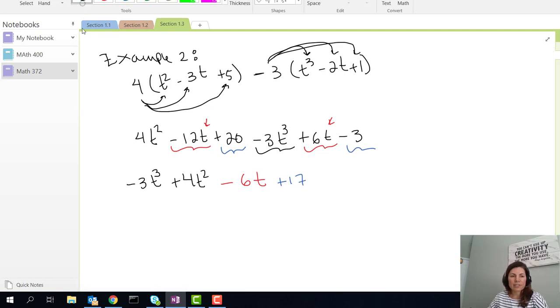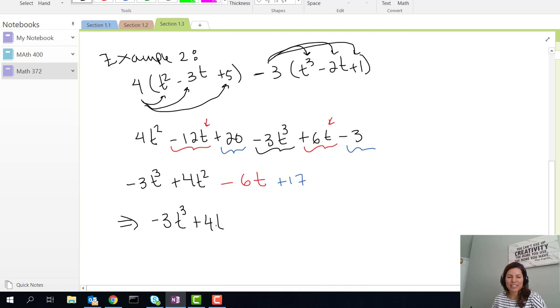So my final answer in proper descending order will be minus 3t cubed, my handwriting didn't look the best there. Minus 3t cubed plus 4t squared minus 6t plus 17. And this will be your subtraction of polynomials. So that's how you combine like terms.